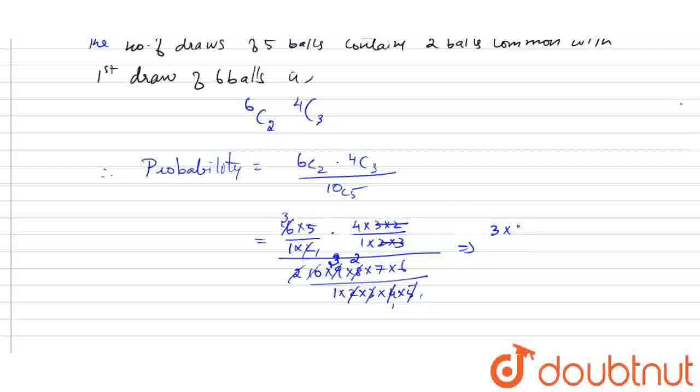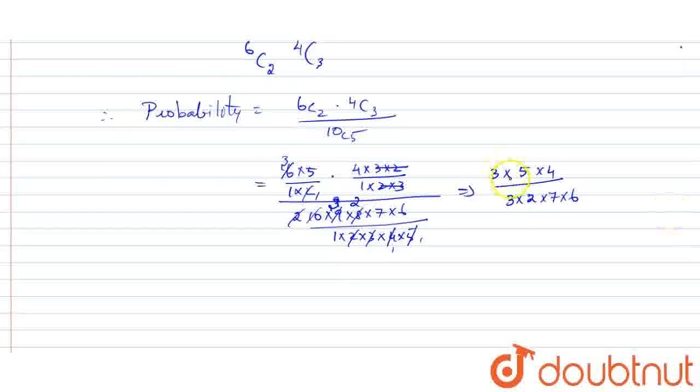3 into 5 into 4 divided by here 3 into 2 into 3 into 2 into 7 into 6. 3 into 2 into 7 into 6 here. So 3 cancel here, 4 by 2 here, 2 twos are 4, and 2 ones are 2, 2 threes are 6.